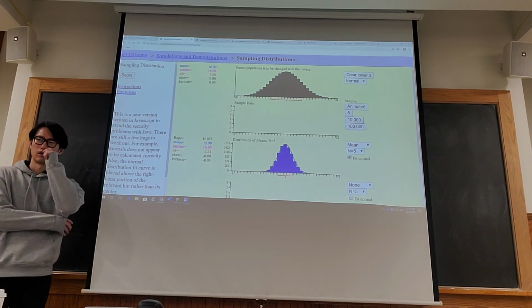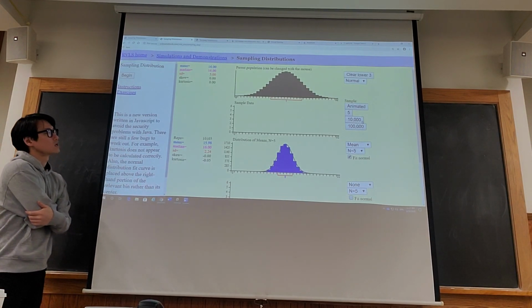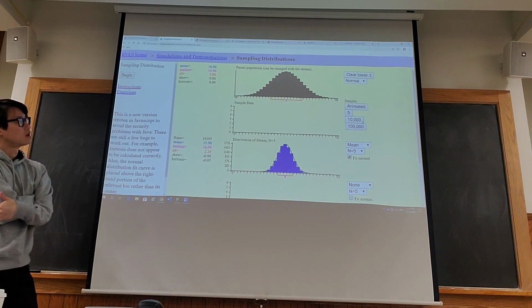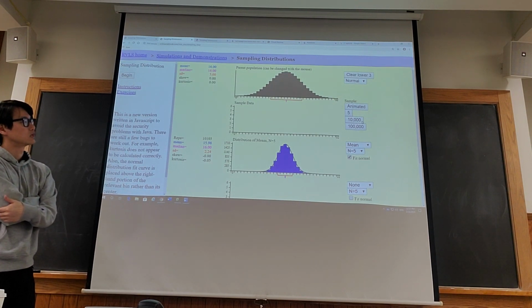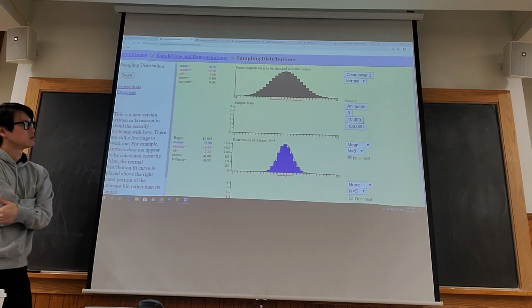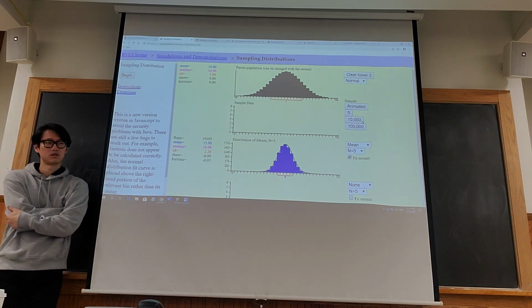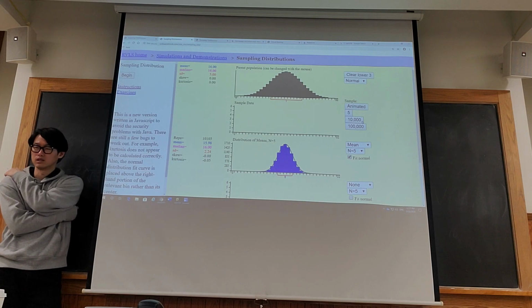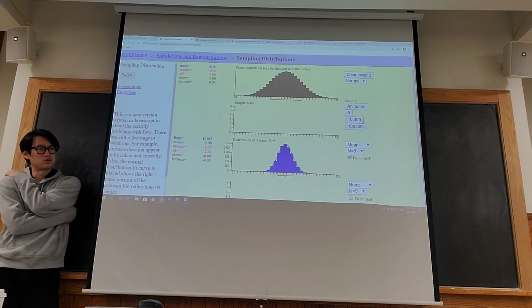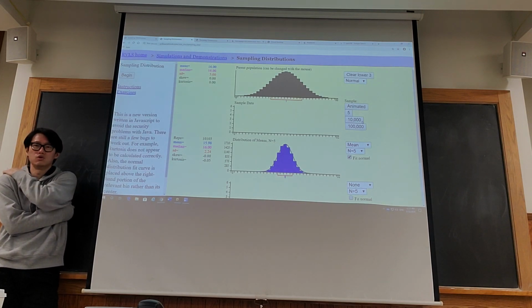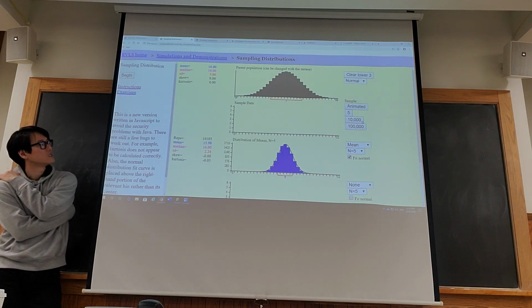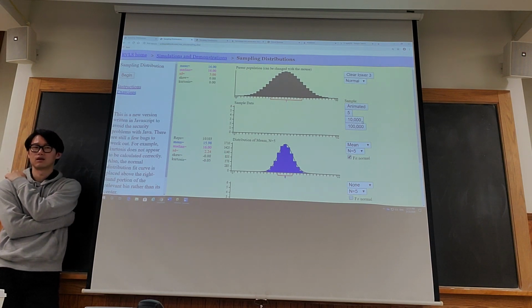What is the fact that you can see by comparing the blue distribution and the black distribution? Can you tell me what the difference is between these two? Or maybe what the common thing is? Yep.